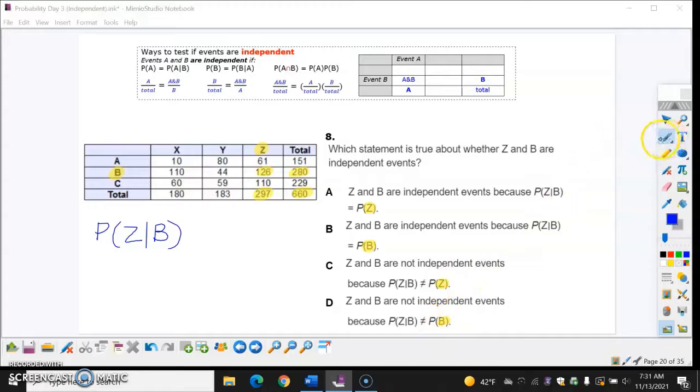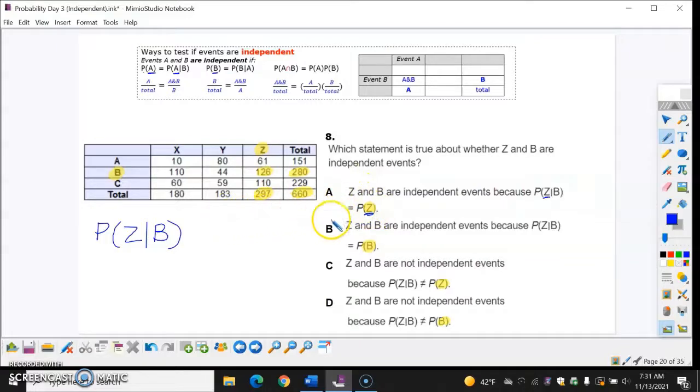If we want to figure out if they are independent, whatever letter is first in the first parentheses needs to be the same letter that comes first in the second parentheses, because you're looking at the probability of Z given B and whether it is the same as Z on its own.